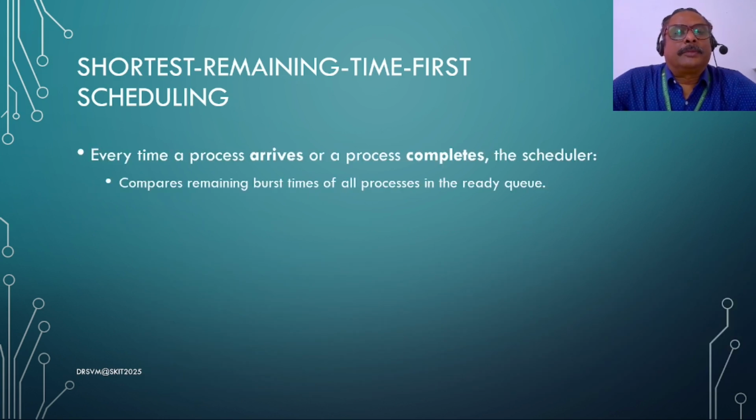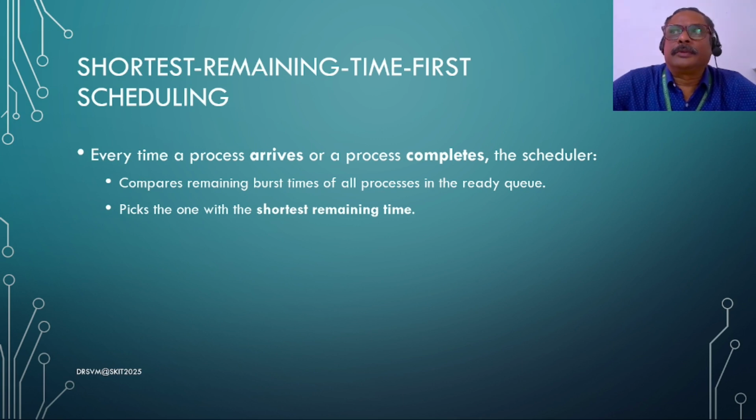Every time a process arrives or a process completes, the scheduler compares the remaining burst times of all processes in the ready queue and picks the one with the shortest remaining time. So whenever a new process comes in, it checks the remaining time for the current process and the smallest time in the list.